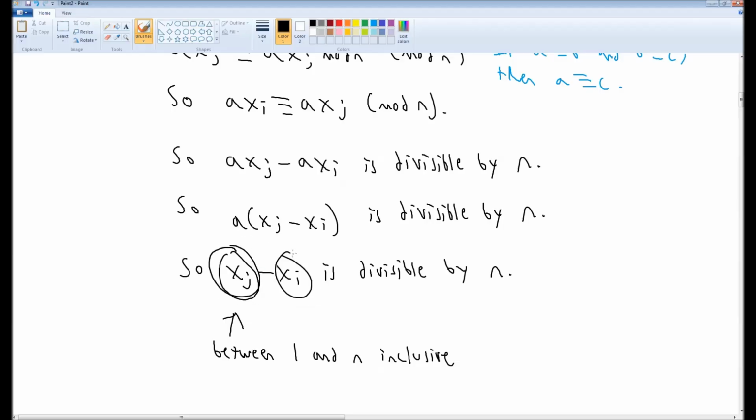If the first guy's n and the second guy's 1, that's the biggest it could be. But then we also know that this can't be 0, because if it was 0, xj and xi would have to be equal. In fact, this always has to be positive since xj is bigger than xi. So this whole thing has to be bigger than 0, but less than n. So there's no way this could be divisible by n. So that's a contradiction.